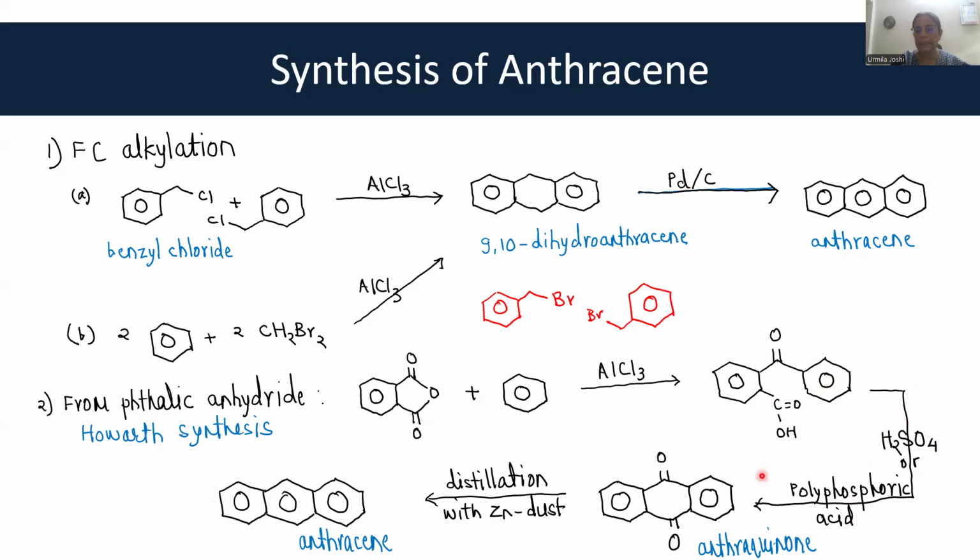Okay, so this results in formation of anthraquinone. And this anthraquinone, when distilled with zinc dust, gets converted to anthracene. So, up till now, we have seen two methods, Friedel-Crafts alkylation, and second is Haworth synthesis. But Haworth synthesis is a combination of Friedel-Crafts acylation and some other reaction.